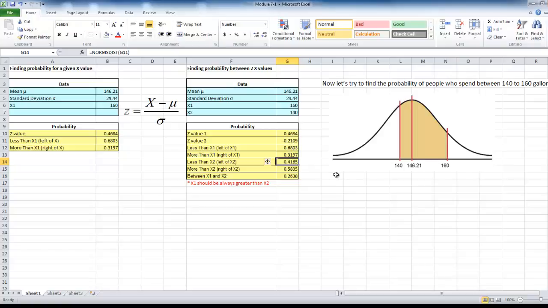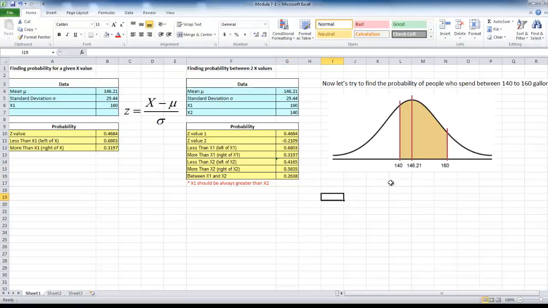So don't forget, Excel always shows the left side. So any probability less than 140 would be NORM.S.DIST G11. Now anything more than 140, simply 1 minus G14, because again the total should be 100.